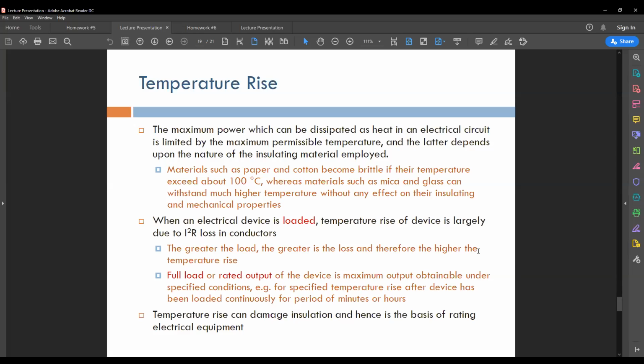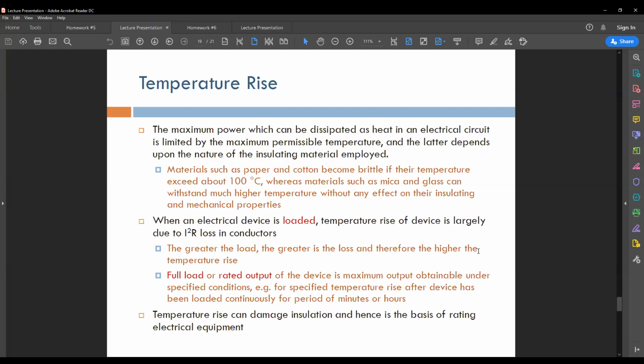If you go beyond that current, if you try to get more current from that device, the insulation of that cable will melt, and you will end up having a short circuit. And if you have a circuit breaker at home, it might actually go off.